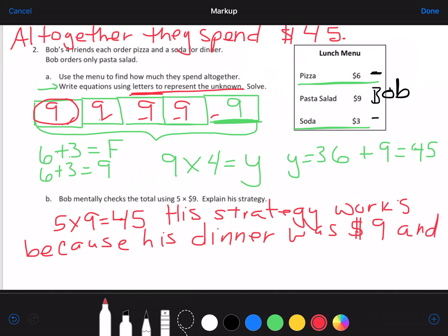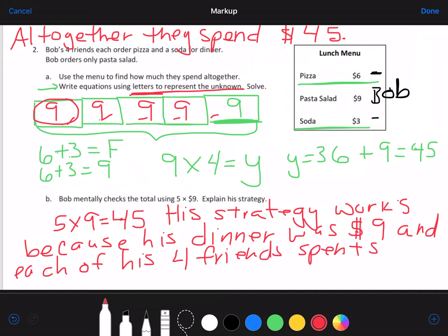And each of his 4 friends spent $9. So that is 5 groups of 9, right? We're just explaining how it's grouped and it all works together, okay?